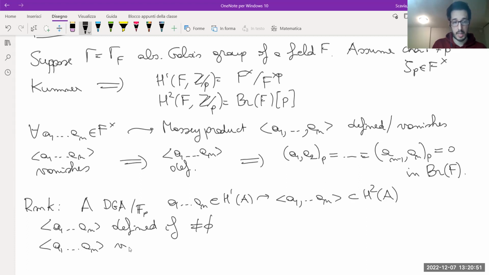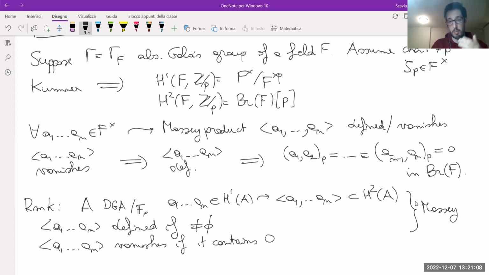And the Massey product vanishes if it contains 0. So the zero element can be constructed in this complicated way. This is the original definition due to Massey, perhaps refined by various authors.